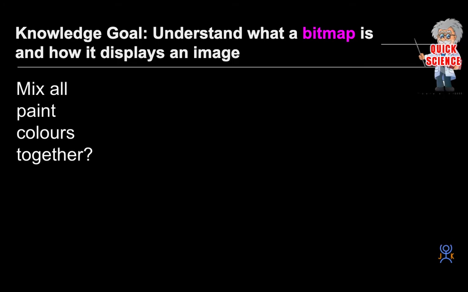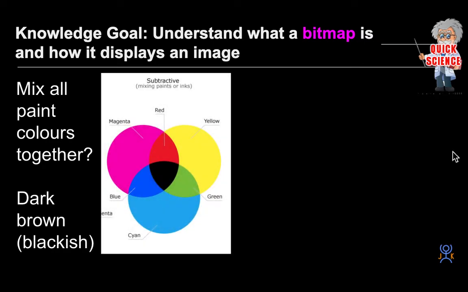So, as far as colours go in bitmaps, if you mix paint together, all the colours of the rainbow, mix them all together, what do you get? In theory you should get black, but actually you get a really dark, disgusting brown colour, and that would be that area in the middle of this mix of paint colours.